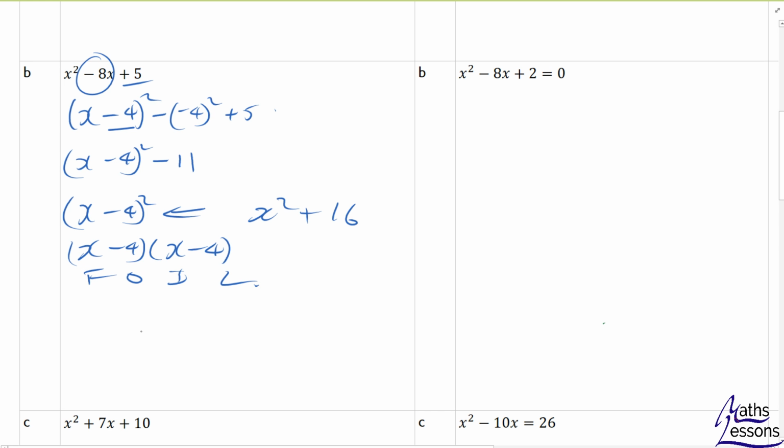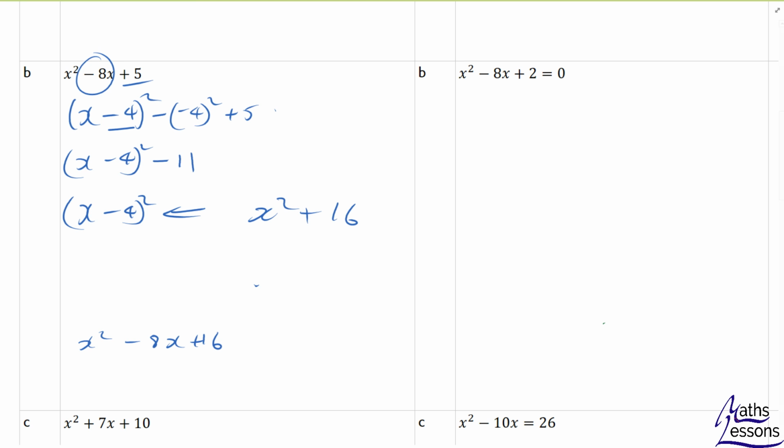So first two things times together gives me x squared. Outer two things gives me minus 4x. Inner two things gives me another minus 4x. Last two things gives 16. Combine that all together, I get this. Okay, so you should get to a stage where you hopefully will jump straight from here to here.